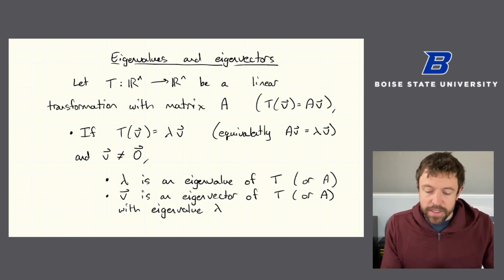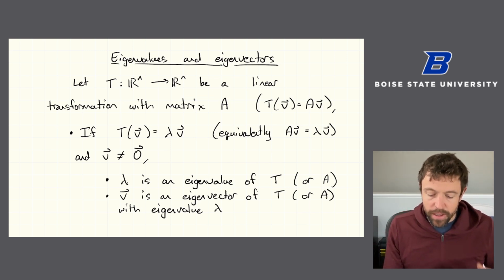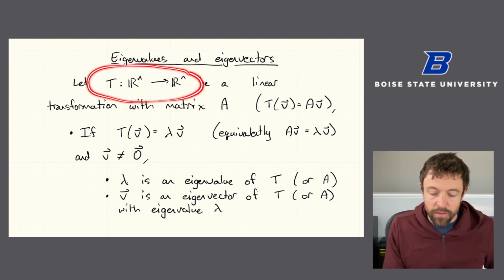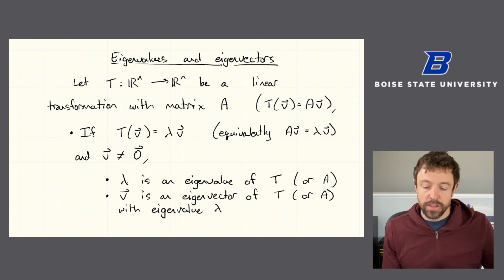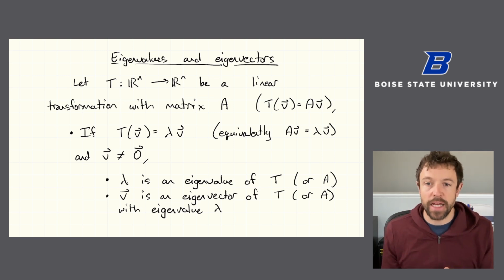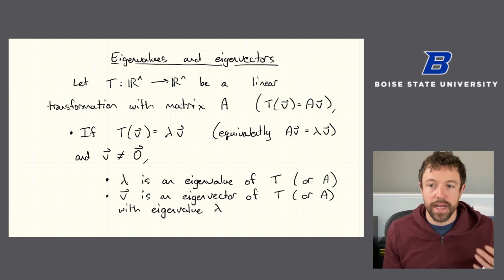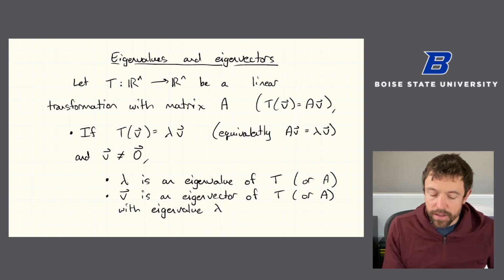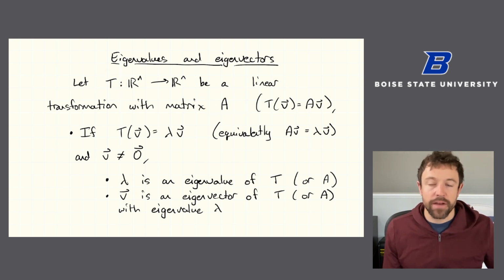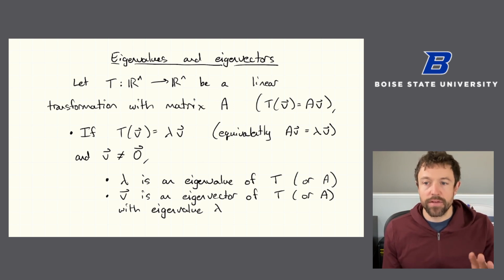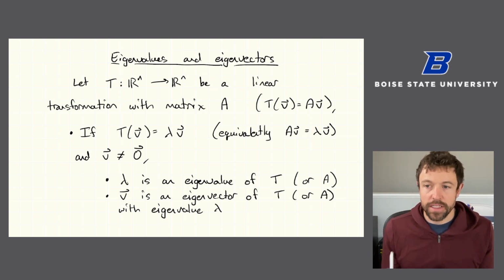All this definition is saying is that we're dealing with linear transformations from one space to a space of the same size. And for the purposes of this discussion, we're going to conflate the notions of a transformation and its matrix. So when we talk about the eigenvalue of a matrix or of a linear transformation, we're using them to mean the same thing.